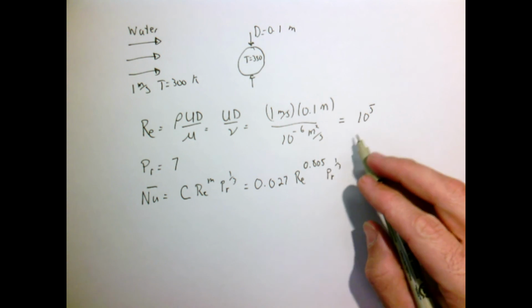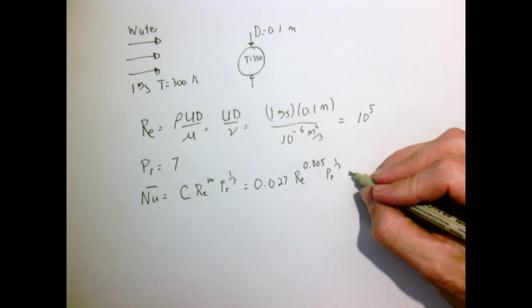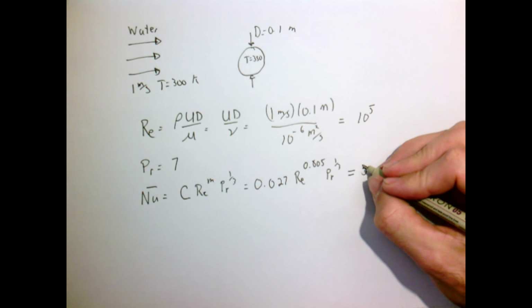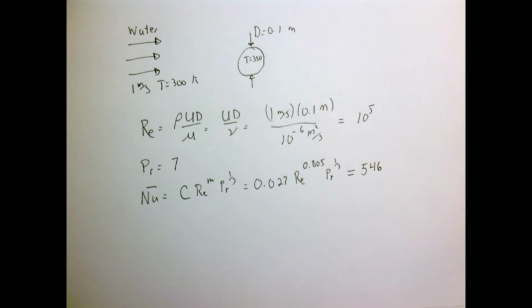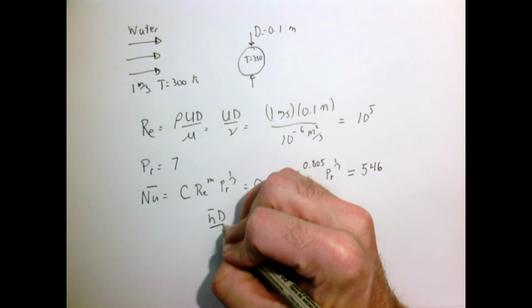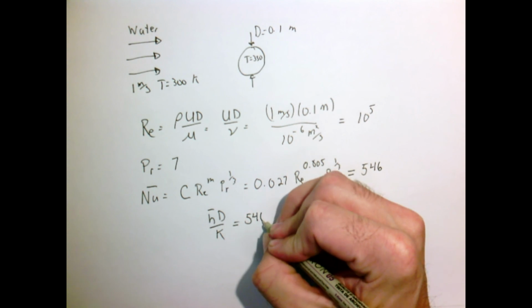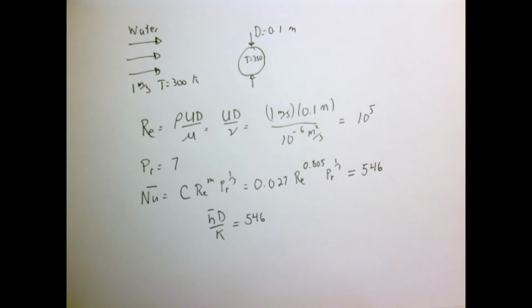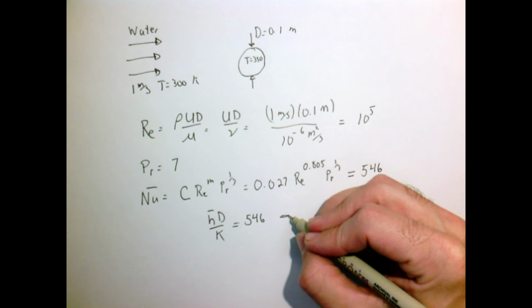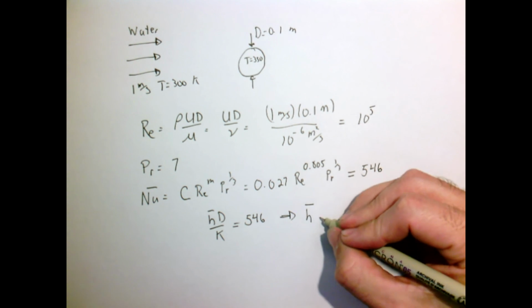And if I plug in my value for the Reynolds number and the Prandtl number, just simply put this into the calculator, I get an average Nusselt number of about 546. So the definition of the Nusselt number is hD over k equaling 546. The thermal conductivity of water I need to look up to sort of convert this to find the average heat transfer coefficient.